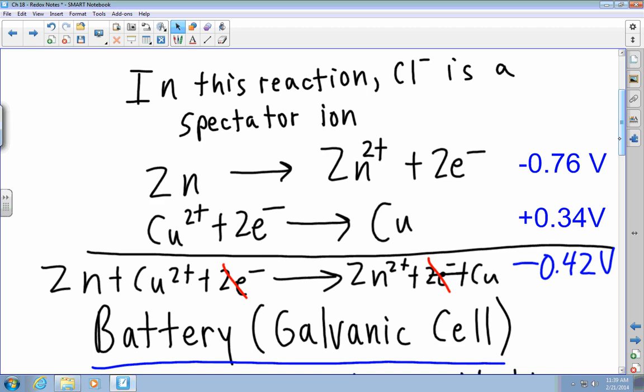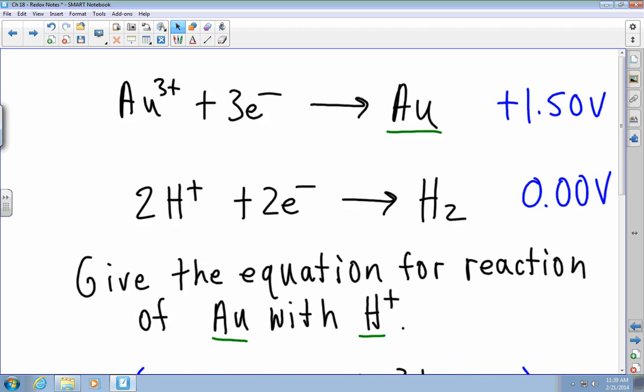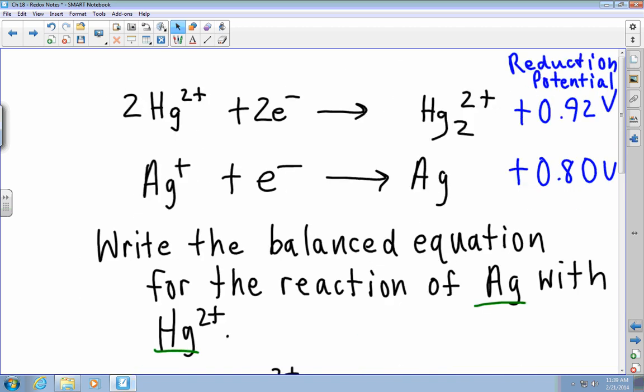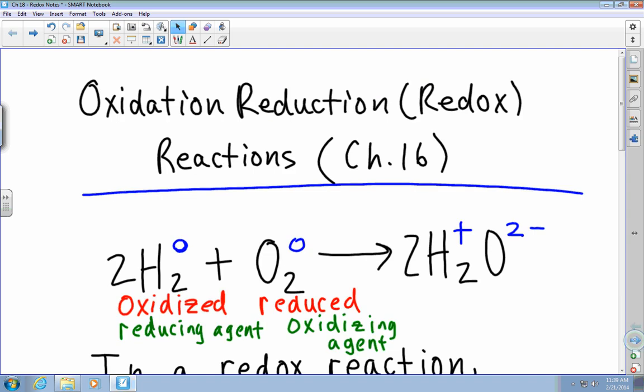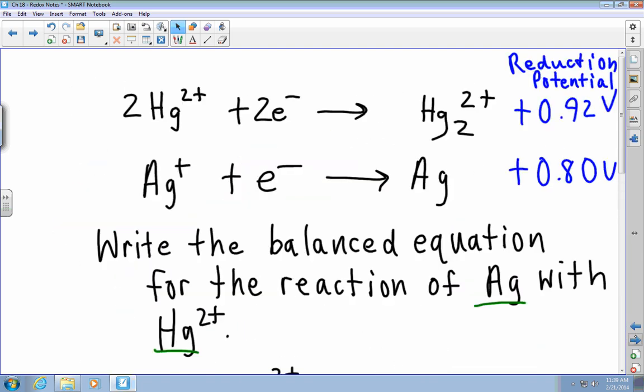Let's go back to some of the reactions that we already looked at here and see if we can calculate the potential for these reactions. So with the silver and mercury ion reaction, I've got the reduction potentials written in here for the half reactions. Those are just from looking in a table of standard reduction potentials.